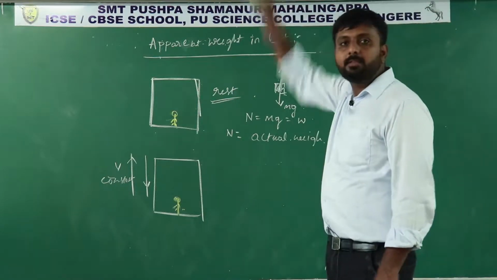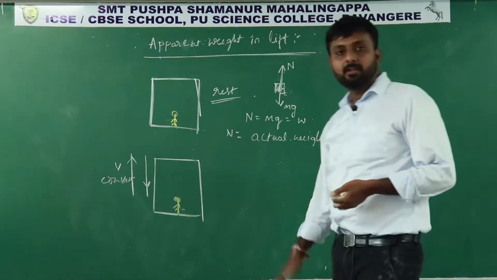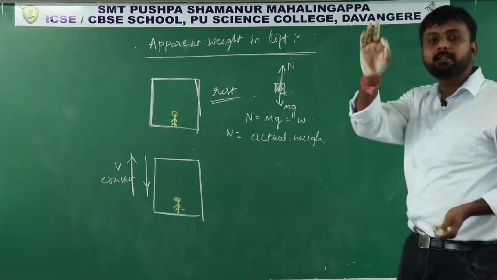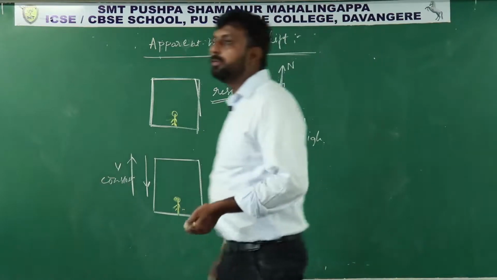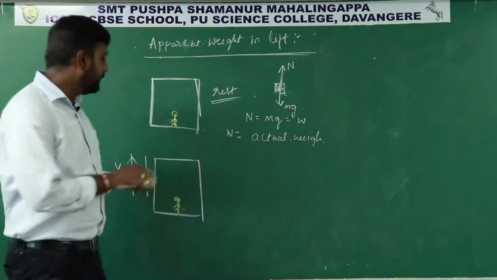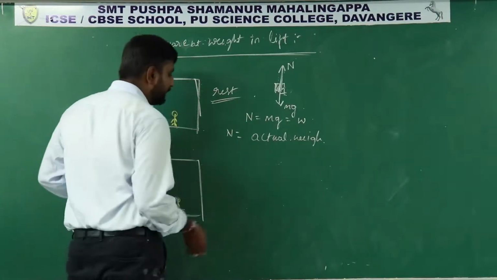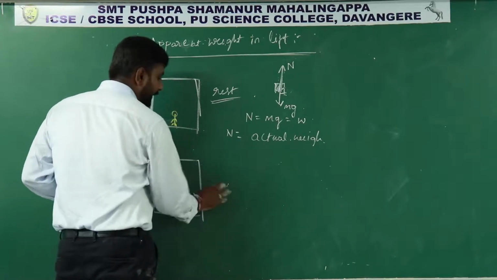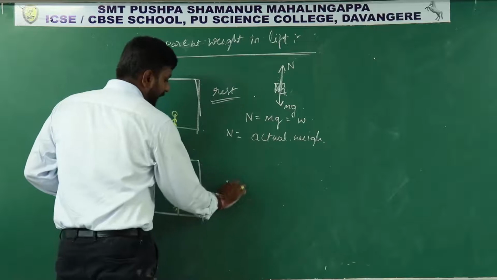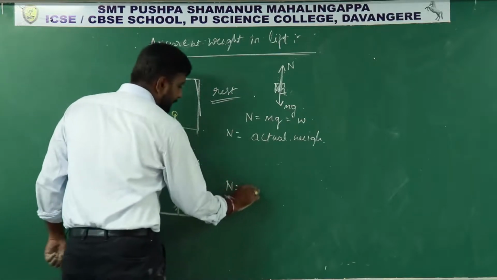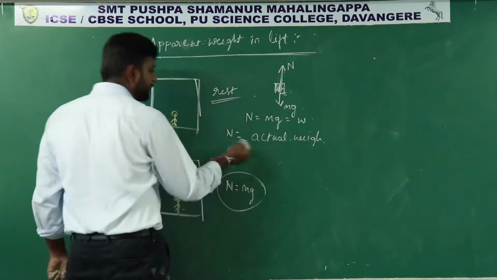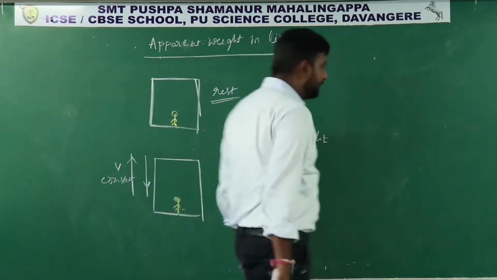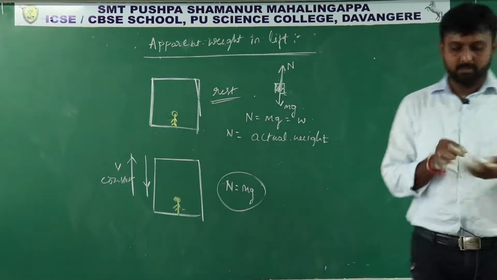Constant velocity means acceleration is 0. Acceleration 0 means again there will be no net force acting on the person or the lift. That is, again I can write N equals m into g. In both cases, N equals the actual weight of the person.